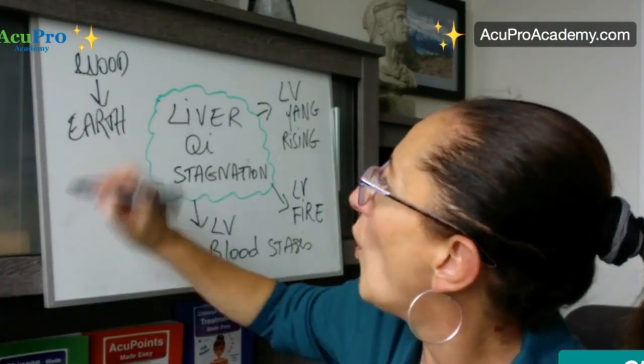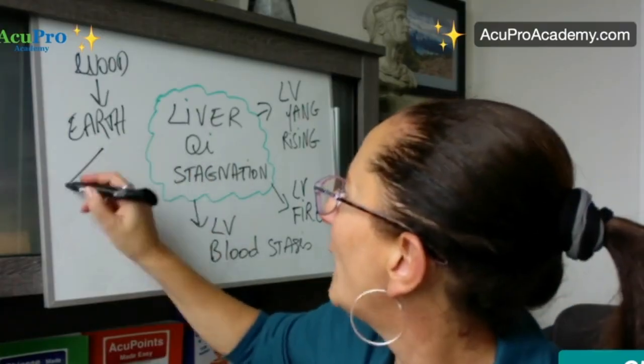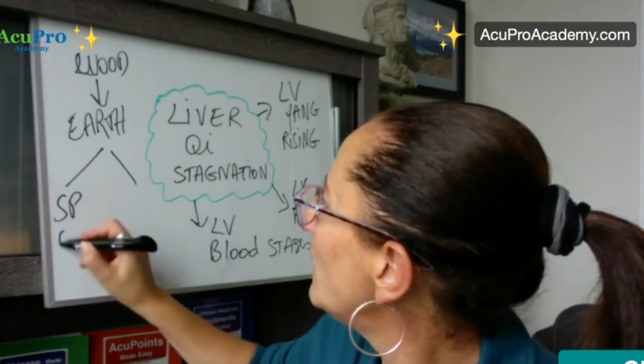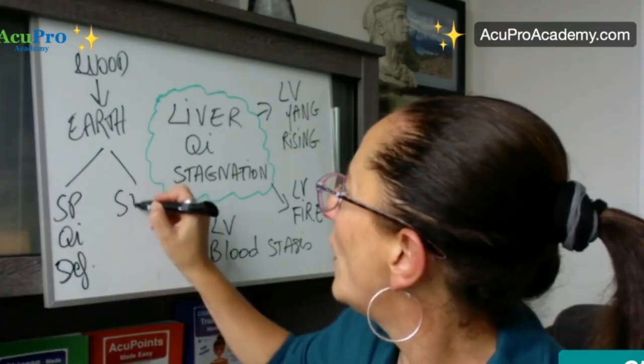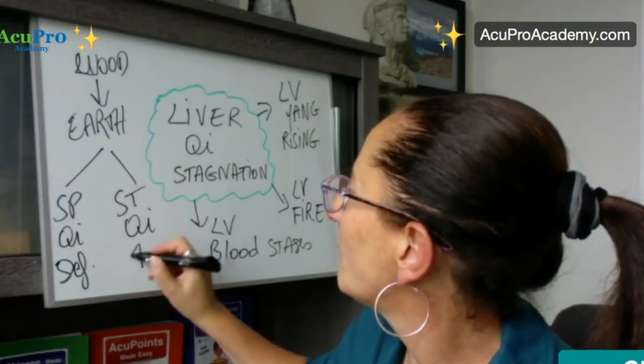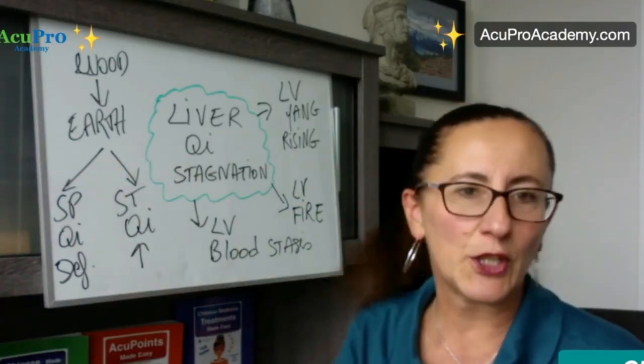Over-control, overacting on earth. And that can lead to two different patterns: either spleen qi deficiency, or stomach qi rebelling. So I'm going to talk about those two. Those are the two that it can lead to.